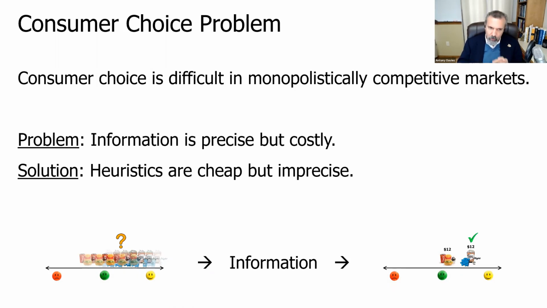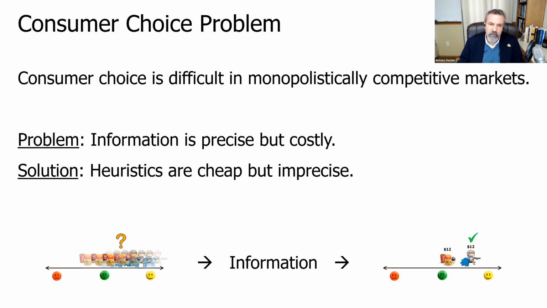The argument I'm going to be making here is that faced with monopolistically competitive markets, where we have many, many options that are different from each other in some ways, we will tend to rely on heuristics simply because it's way too expensive in terms of information cost to get the information necessary to choose specifically which of the 23 brands of deodorant I'm going to buy.